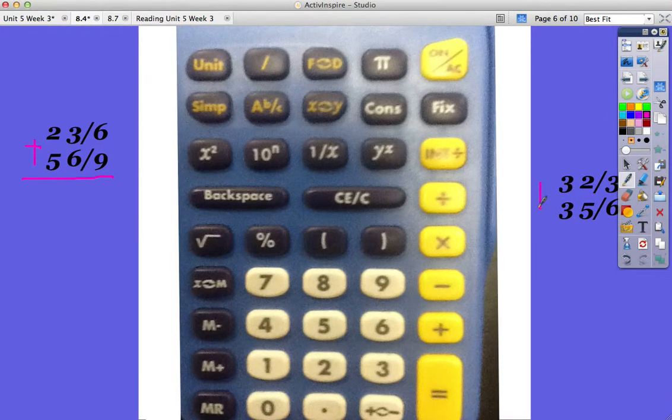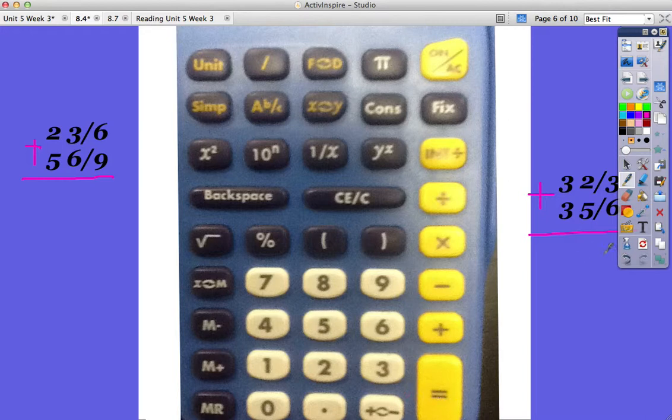Once again, you'll see me hit the unit button. I'll go 3, unit button, 2, fraction bar, 3. Then I'm adding 3, unit, 5, fraction bar, 6, and then I'll hit equals.